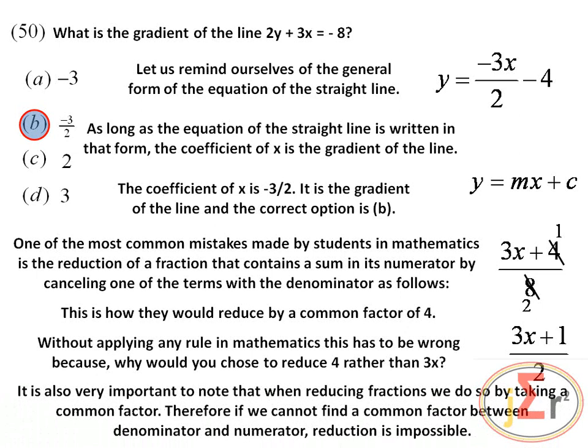It is also very important to know that when reducing fractions, we do so by taking a common factor. Therefore, if we cannot find a common factor between denominator and numerator, reduction is impossible.